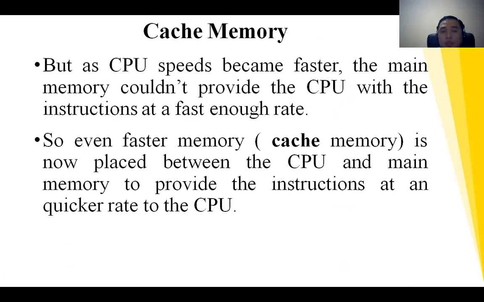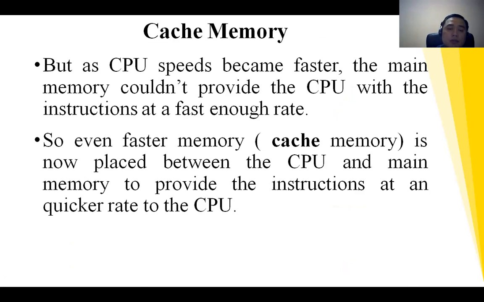Cache memory. As CPU speeds became faster, the main memory couldn't provide the CPU with instructions at a fast enough rate.